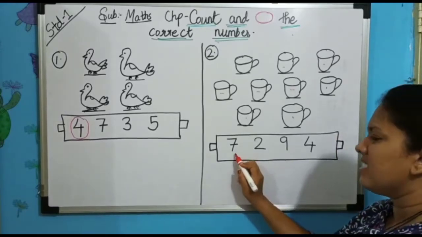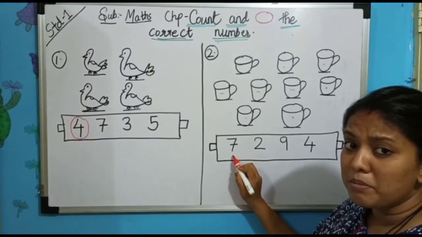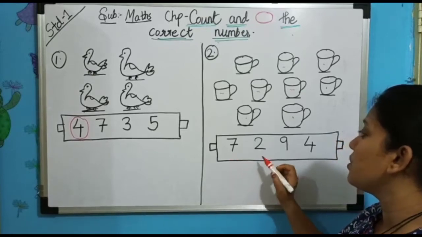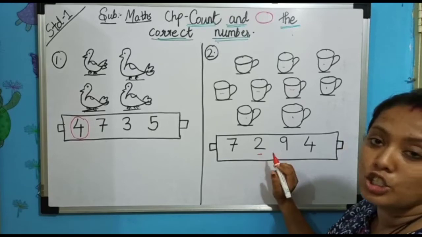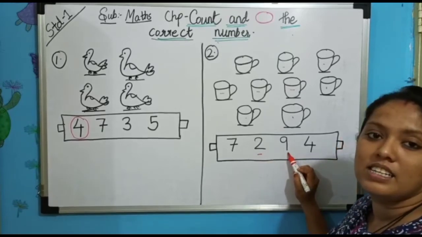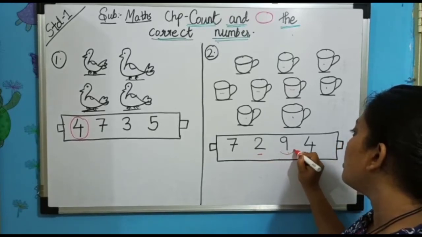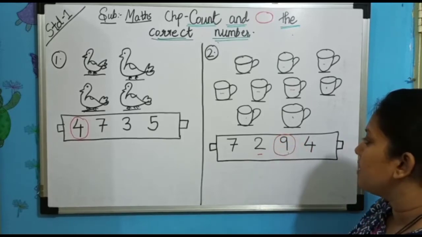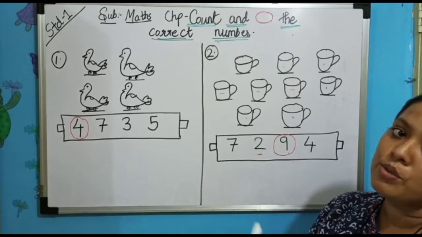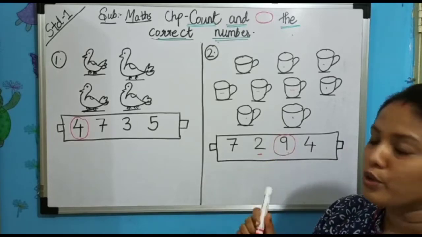Is this number 9? Does it look like number 9? No, I don't think so. Is this the number 9? No, this is 2. Is this number 9? Yes, it is. So you will circle this number 9. In this way, you will solve this exercise in your notebook.